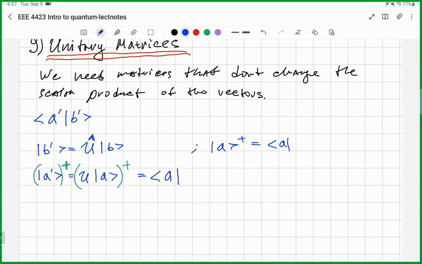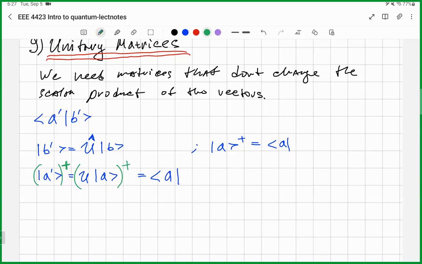And since this dagger, this Hermitian conjugation, is the subsequent application of complex conjugation and transposition, this transposition swaps the order.